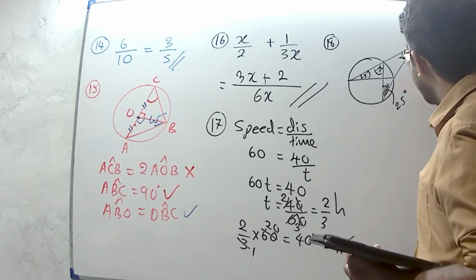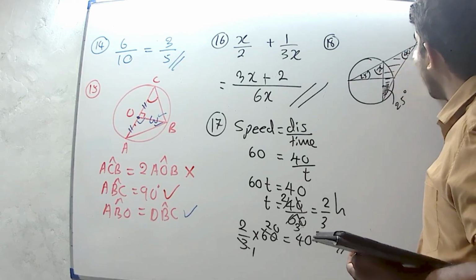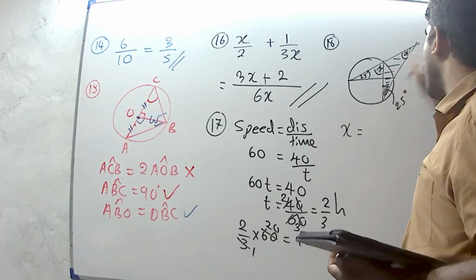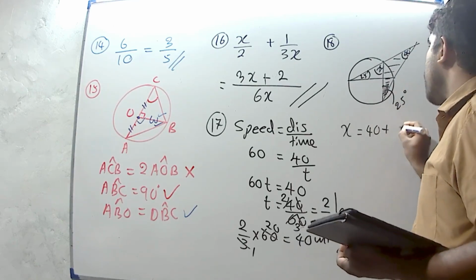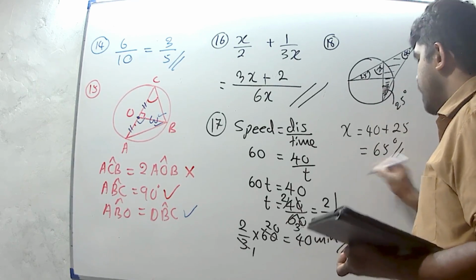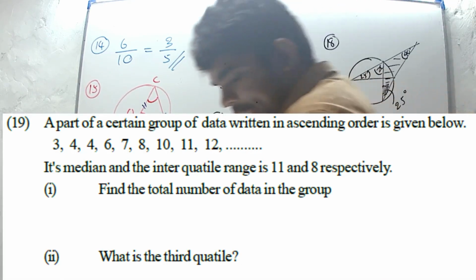Then we can consider the exterior angle theorem for this triangle. The exterior angle x should be equal to the sum of the interior opposite angles. 40 plus 25, 65 degrees.